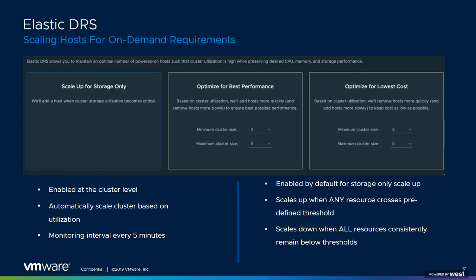It automatically scales your cluster based on the utilization that you specify. And then this is monitored in intervals of 5 minutes. So by default, this is enabled for storage only as far as scaling up. It scales up when any resource crosses predefined thresholds that you specify. And then as far as scaling down, it scales down when all resources consistently remain below the threshold that's specified.